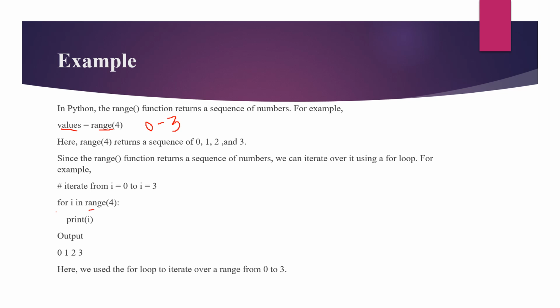Here we need to see, so when I print i, the output will be 0 to 3. This is the output. This is a simple example of how we can use the range function in a Python for loop.